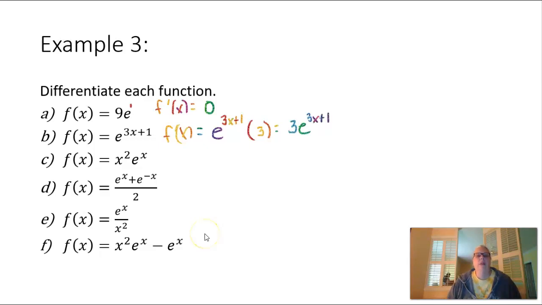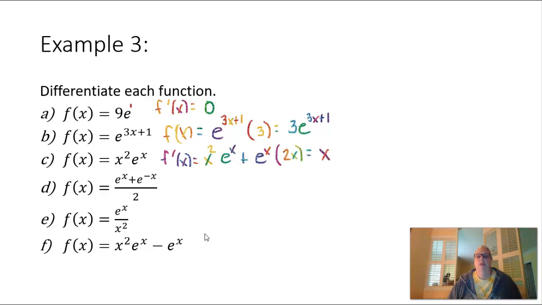Okay, part C, you've got x squared times e to the x. This is a case where we have multiplication going on, and so our multiplication rule is that we're supposed to do the first, x squared, times the derivative of the second, e to the x, plus the second, e to the x, times the derivative of the first. Well, the derivative of x squared is going to be 2x.